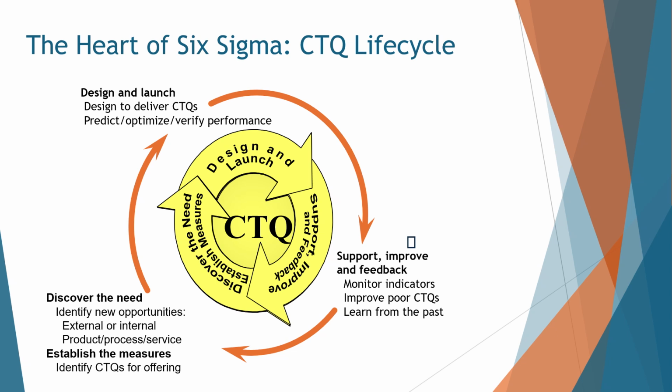Well, it depends. If it's a brand new product or service, obviously you're going to first discover the need and you're going to establish the measures. And then you're going to design and launch, and then you're going to do support, improve, and feedback. But then it's a continuous cycle. There's no beginning or end. So you might start out this way, but once you get support, improve, and feedback, you learn things.